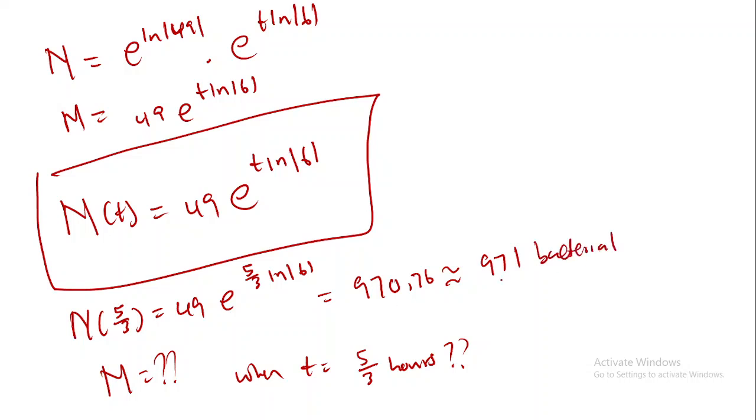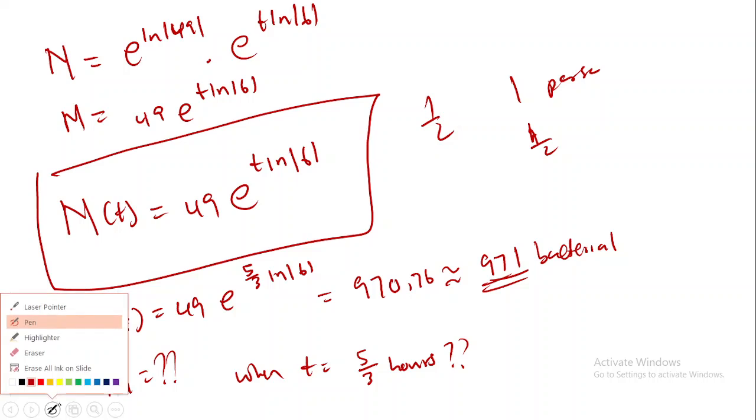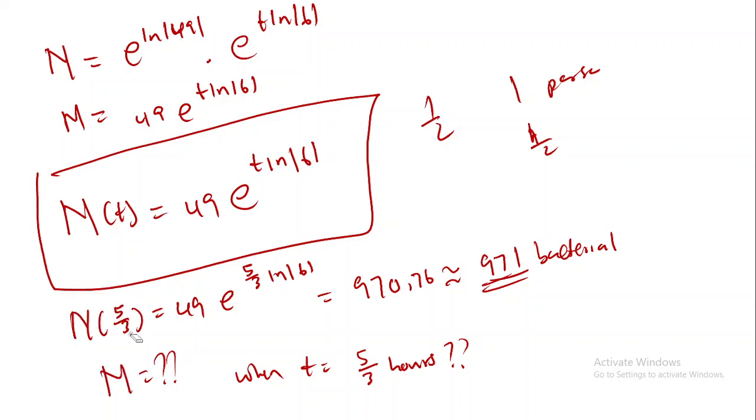The reason I'm writing it as a whole number is because you can't have half a person. Like bacteria, I can't say, well, I have a cow and a half. You have 2 cows, 3 cows. You must always round to the nearest whole number. So you're going to have 971 bacteria after 5 over 3 hours.